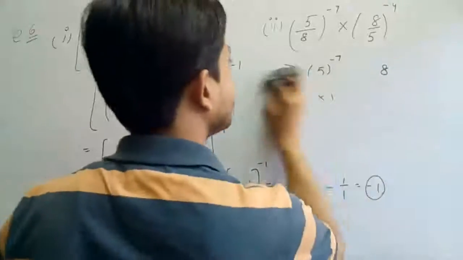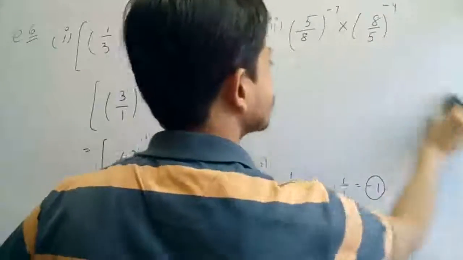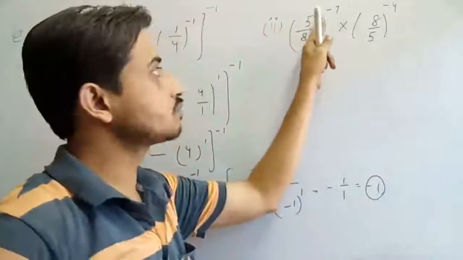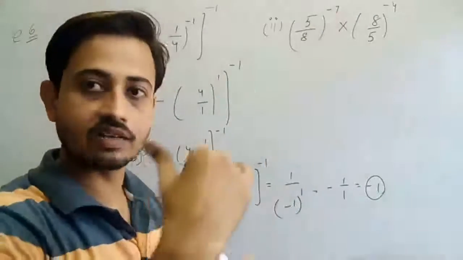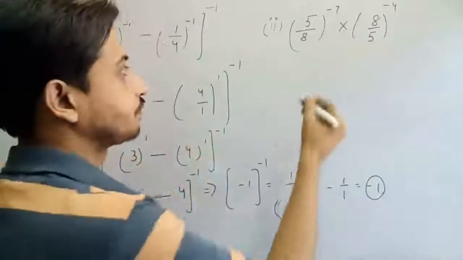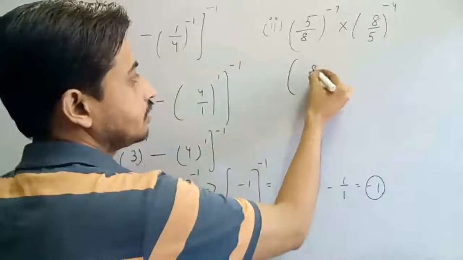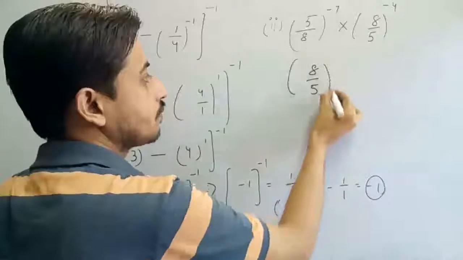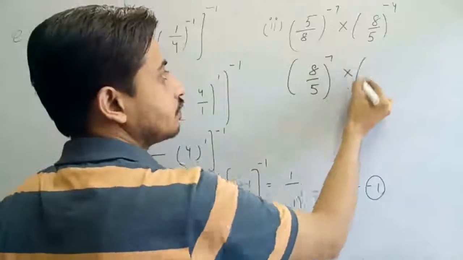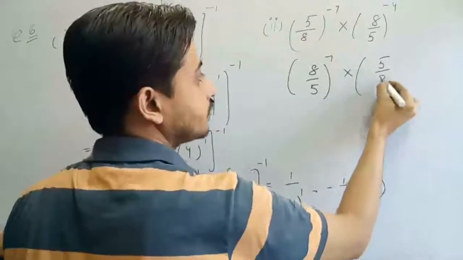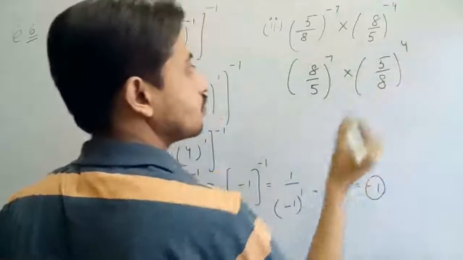Or you can make it positive first, then it's very easy to solve. It is also in terms of p by q and the power is negative, so do reciprocal first. We get 8 by 5 raised to the power 7 multiply 5 by 8 raised to the power 4.